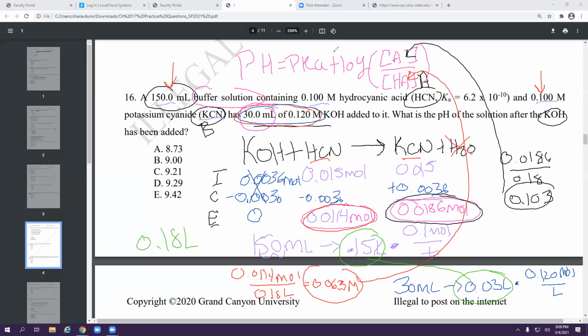We're going to plug both of these values then into the respective things. So the negative log of 6.2 times 10 to the negative 10th is 9.20.